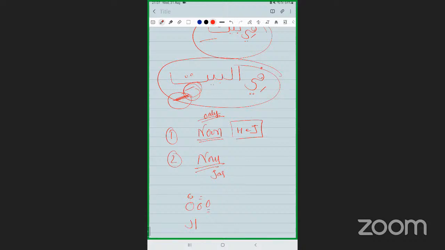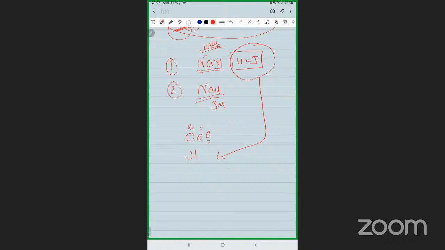If you find a harf jar, whatever is coming after it is always going to be a noun. So this is the third indication to identify a noun: a harf jar will come before it.